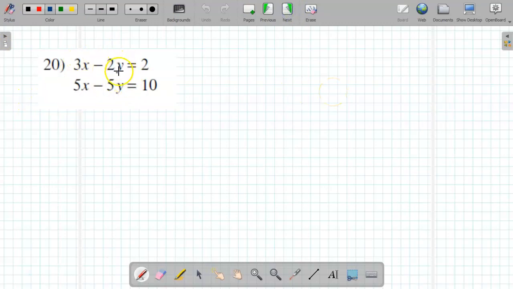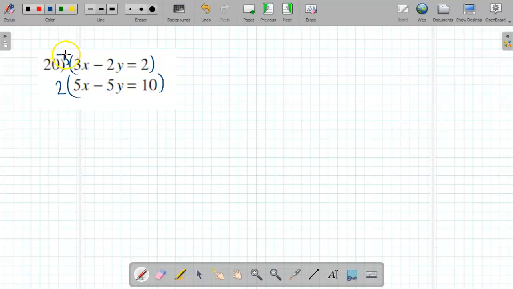So it always works if I take this 5, multiply the top equation by that 5, take the 2, and multiply the bottom equation by that 2, and then I've got negatives for both of these. One of them needs to be positive, so let's put a negative right here with that 5, just so we can get opposite signs.